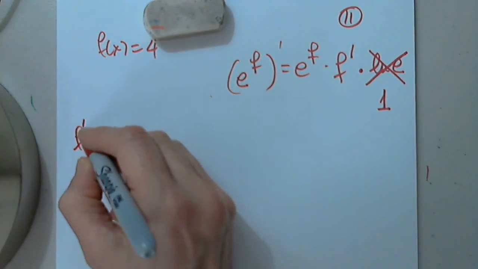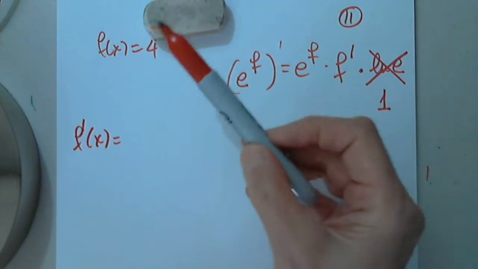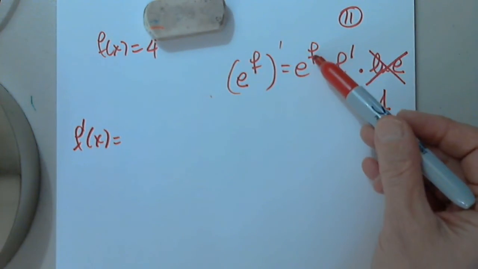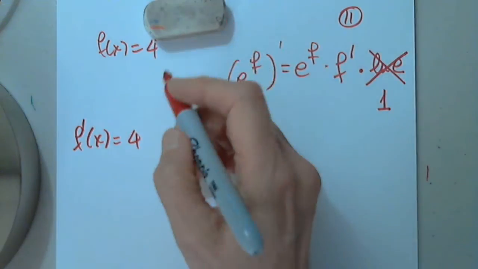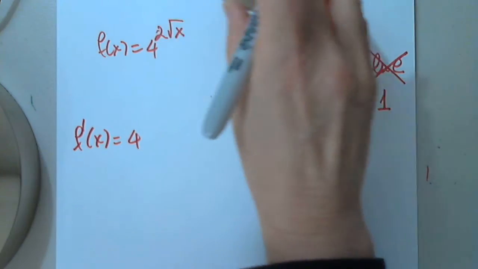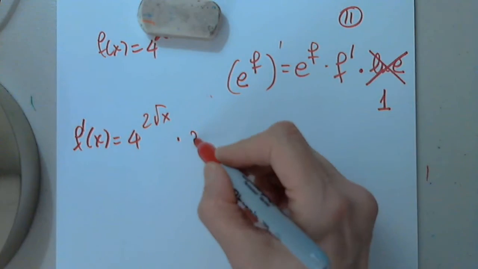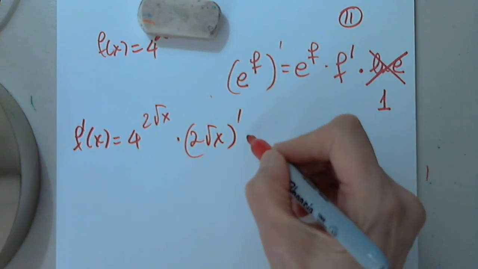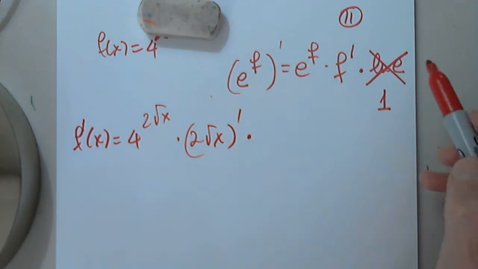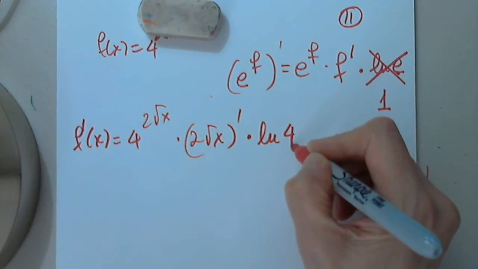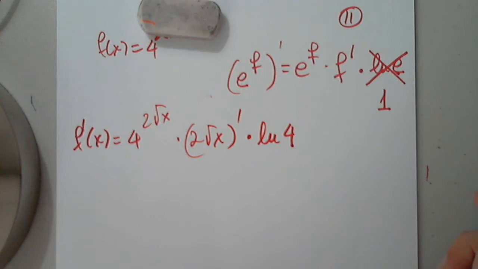So when I differentiate a base to a function, the derivative is the base to the function, in this case 4 to the 2 square root of x, times the 2 square root of x prime, but times natural log 4, because it's not 1.